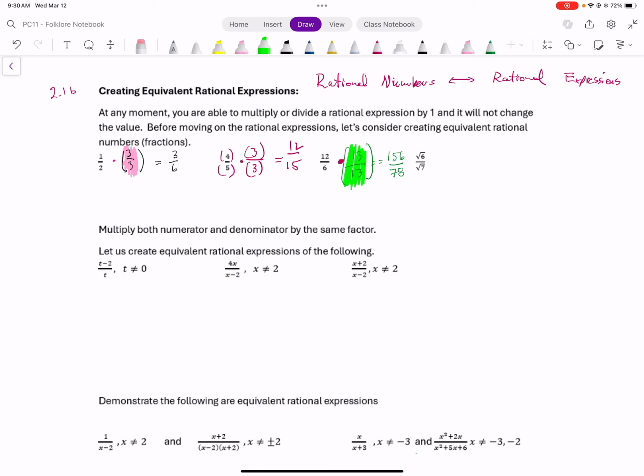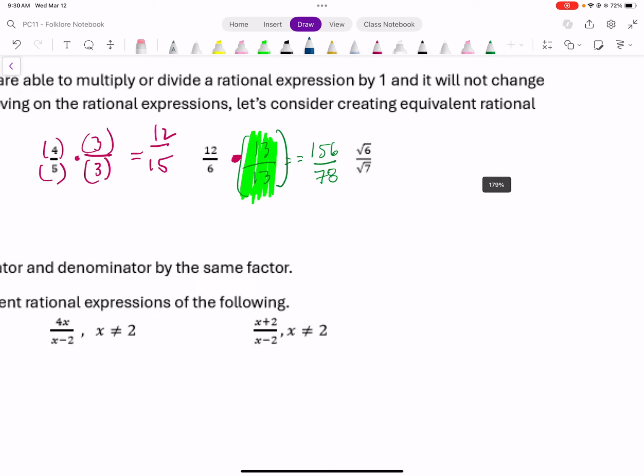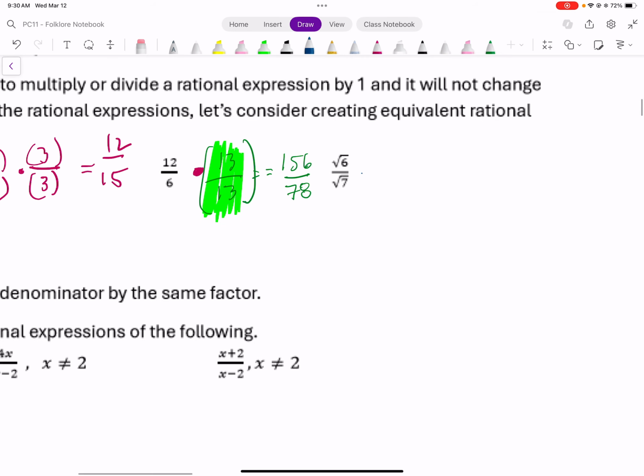Now, making a connection to another unit in this course, I'm going to take 6/7 and rationalize the denominator. How can I do that? Well, I multiply the denominator by √7.